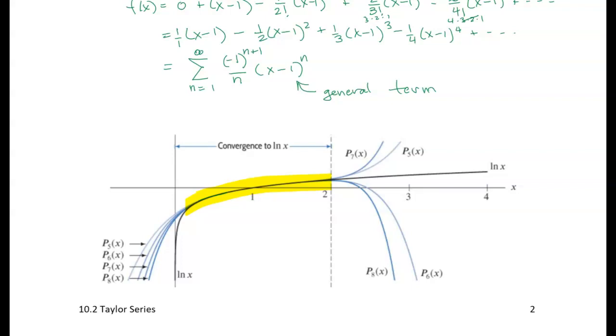So what we could do is we could just say that this Taylor series appears to converge. Now we don't have a way of proving this yet.